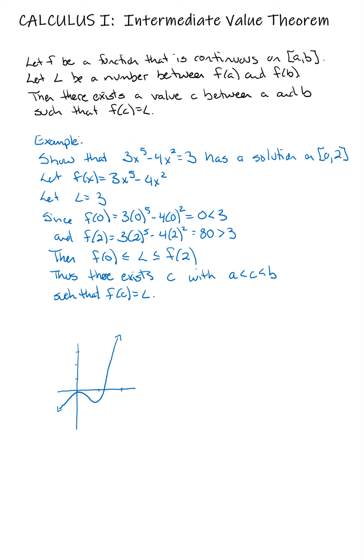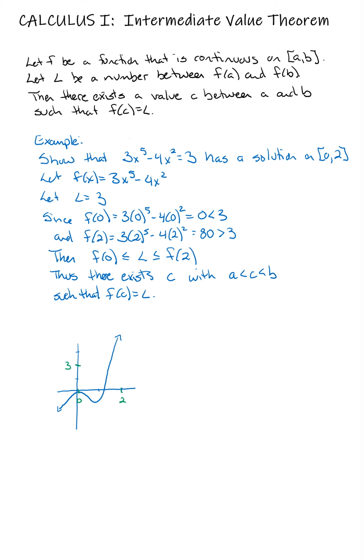Now I've gone ahead and graphed this so you can see visually what's going on. So we started off with our function. Of course, here's our interval from 0 to 2. And then we also selected this L value.